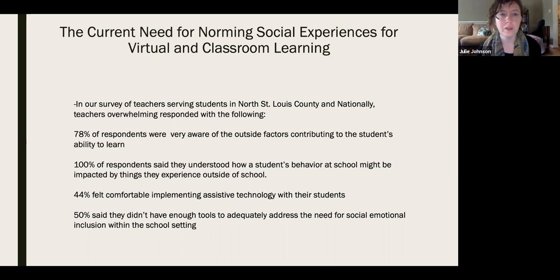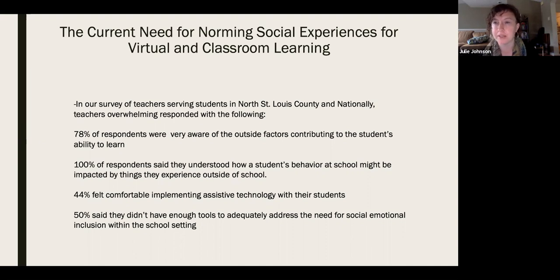So the current need that we see for teachers, based off the survey, is where we ask them how they feel about embedding technology into the classroom, and that includes assistive technology. How do they feel about meeting the needs of multiple students with diverse learning needs? I don't know how else to say this, but how do we meet those needs, right?